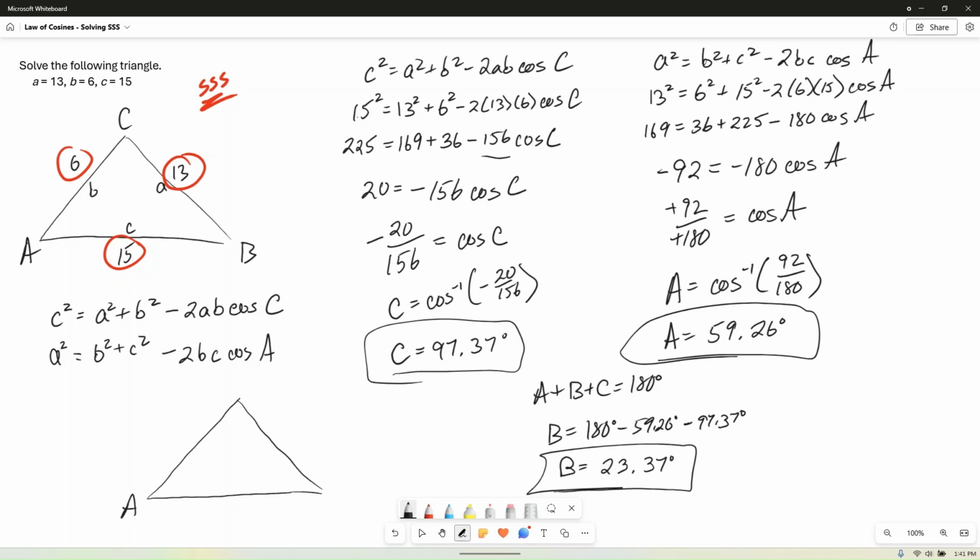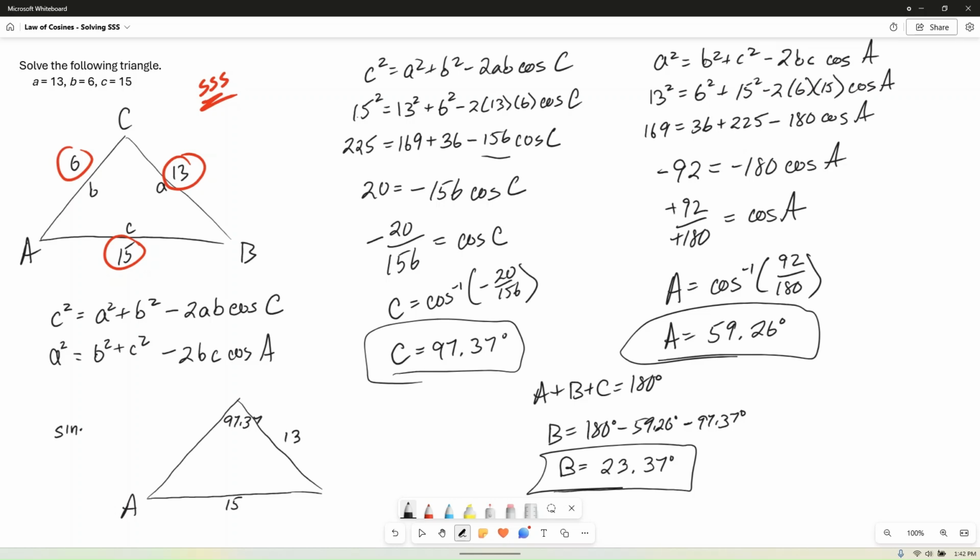Let me redraw that picture and look at the information that we would have to use to figure out angle A. So I'm going to use angle C is 97.37, and I need to use side A, which is 13, and side C, which is 15. Okay, that would be the ratios that we would need, right?